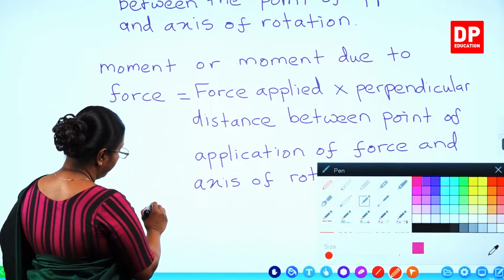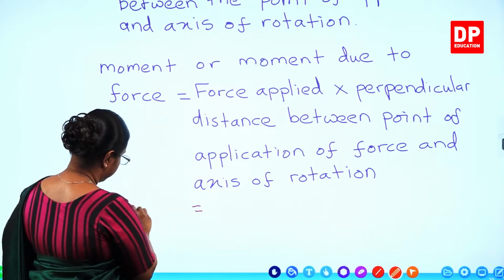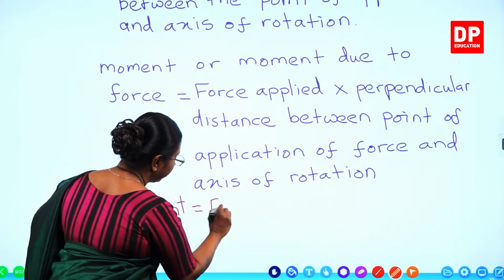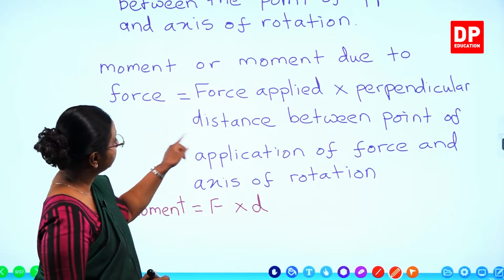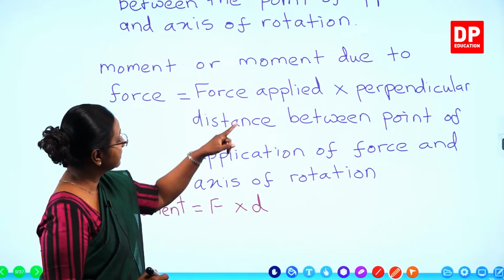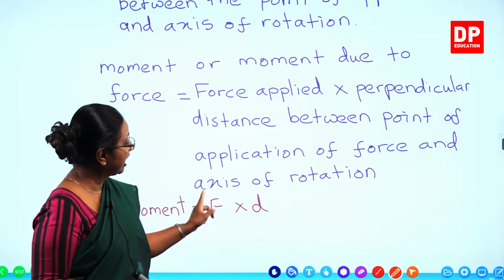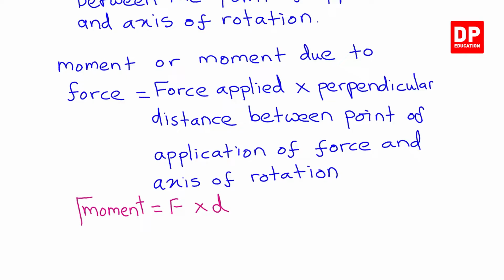So moment of force is equal to what? Moment is equal to F into D. F is the force applied and D is the perpendicular distance between point of application of force and axis of rotation. So this is something that you all have to remember, students.